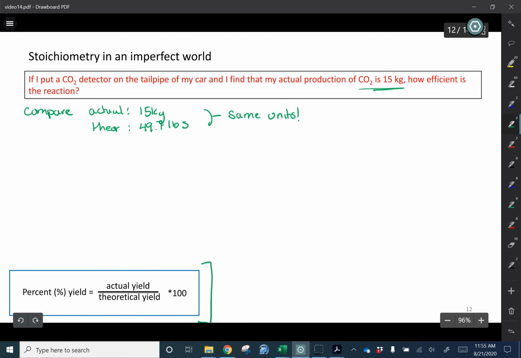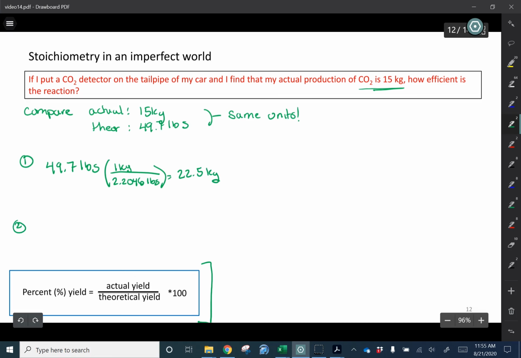So I either need to convert my 15 kilograms to pounds, or I need to convert my pounds to kilograms. We'll go ahead and do the latter. Our first step is converting 49.7 pounds to kilograms. Know that 1 kilogram is 2.2046 pounds. So this should then be 22.5 kilograms.